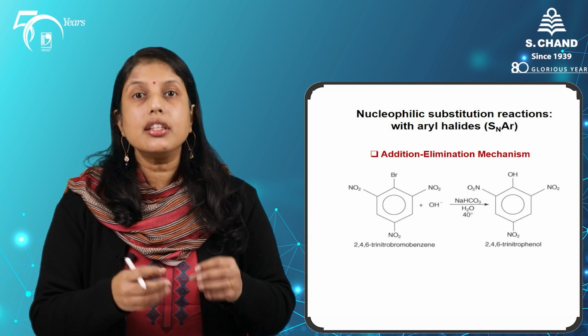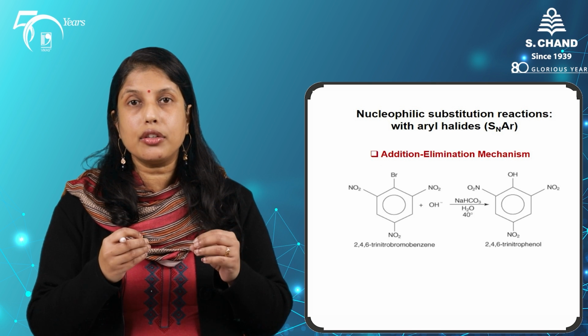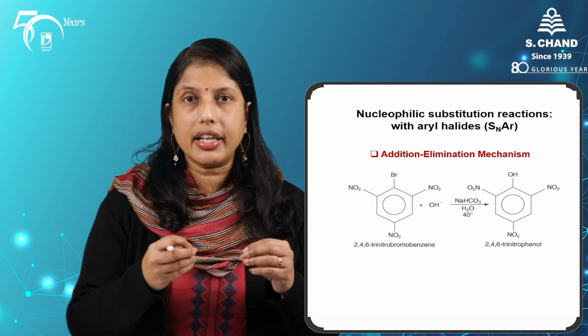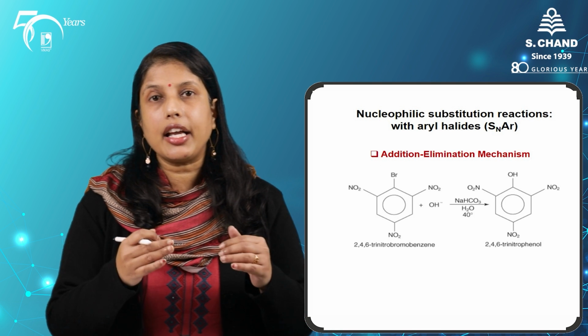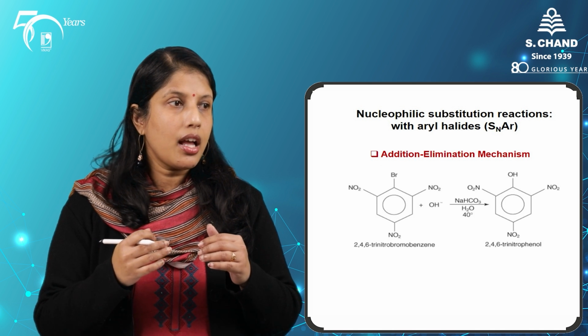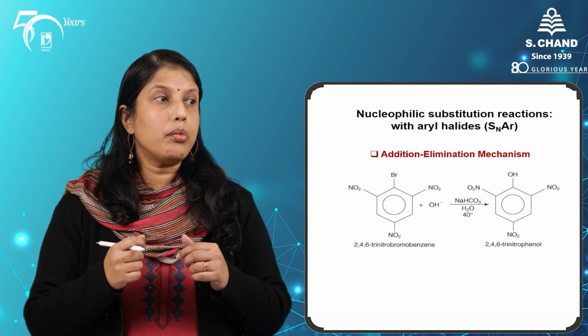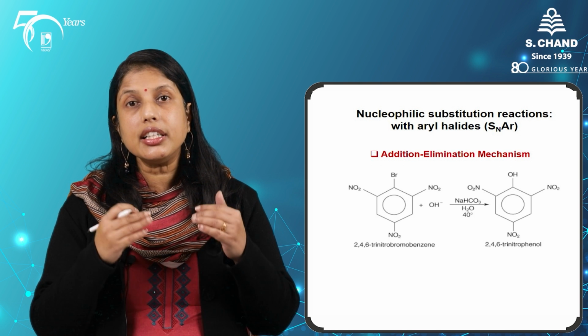As I've mentioned, the presence of strong electron withdrawing groups on the benzene ring favors this type of nucleophilic aromatic substitution. How does this reaction proceed? It proceeds by what is known as an addition-elimination mechanism.